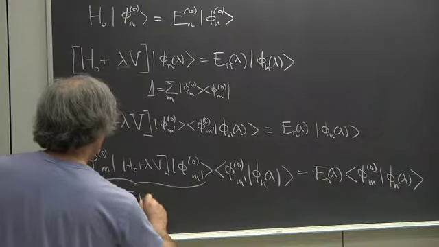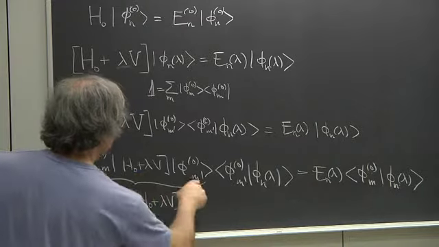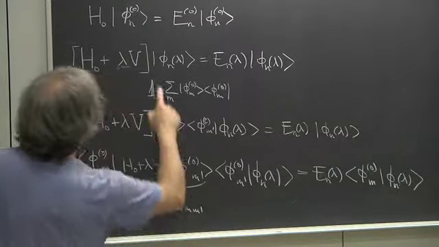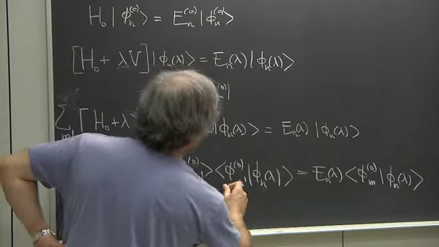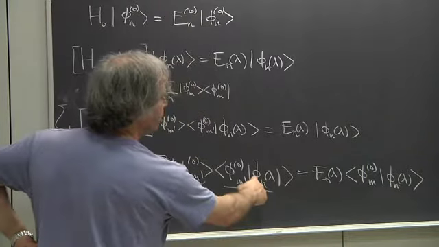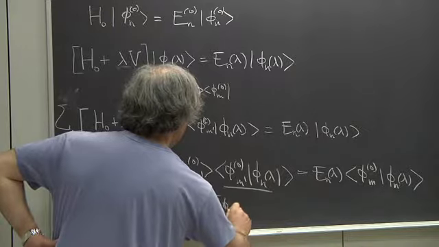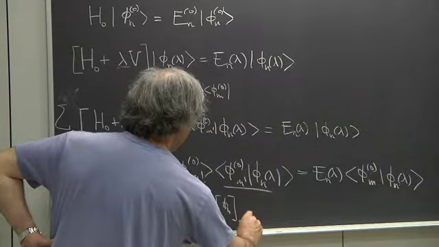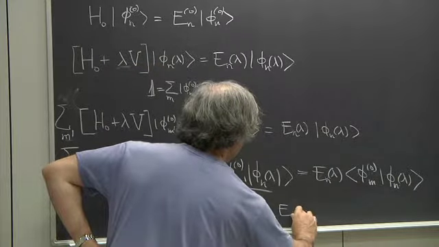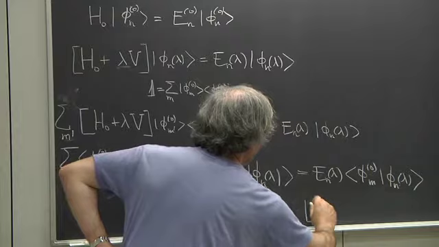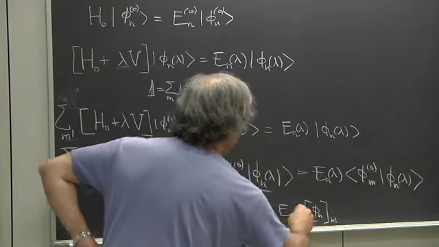Let's call it H0 plus lambda V, with elements m m prime in the basis of my original eigenstates, multiplied by the vector representing the phi n in the basis. So the phi n component m prime, summed, equal to some energy times the vector phi n component m.